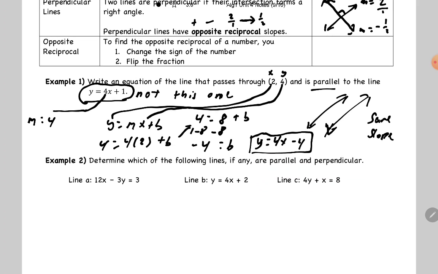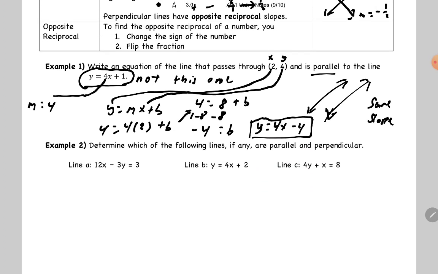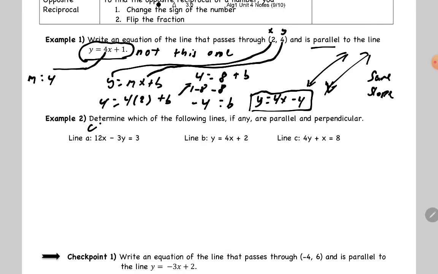The first thing we're going to do is rewrite these equations into y equals mx plus b, if we need to.